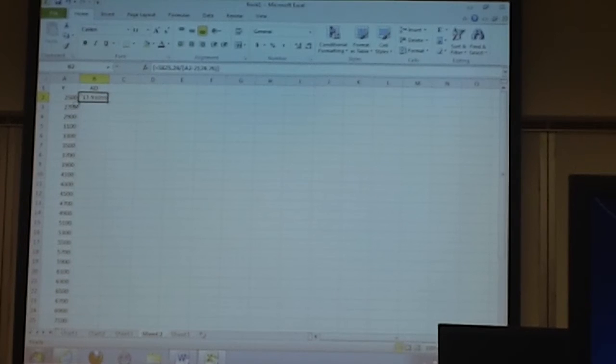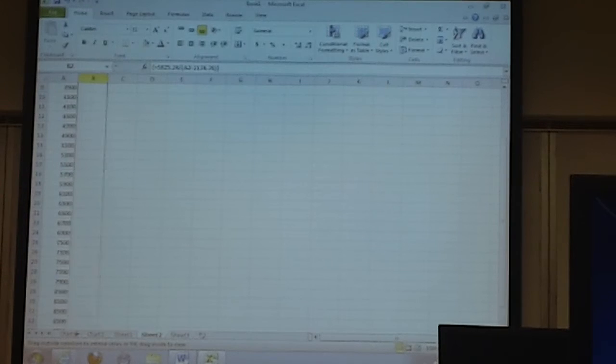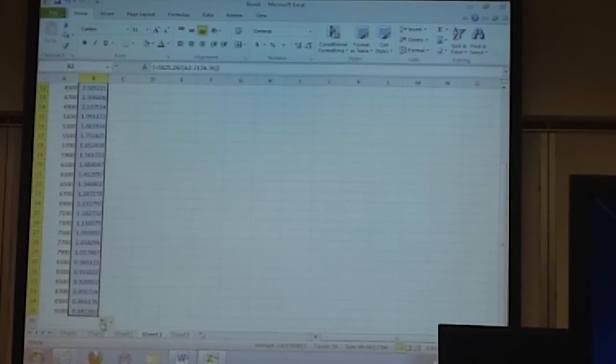Control Shift Enter. I got it. Now this is really the interest rate.